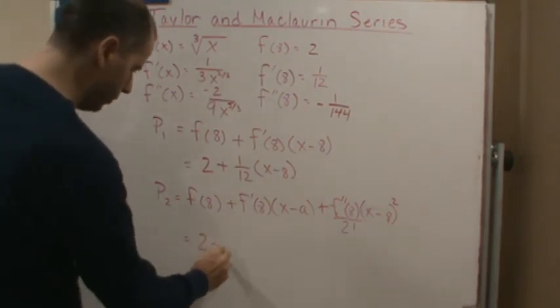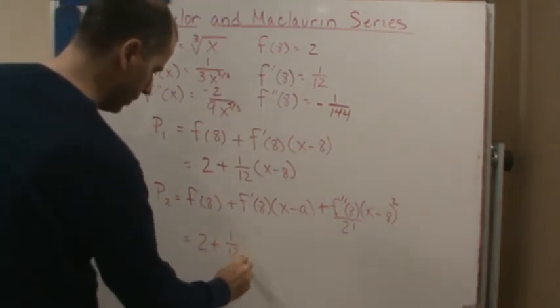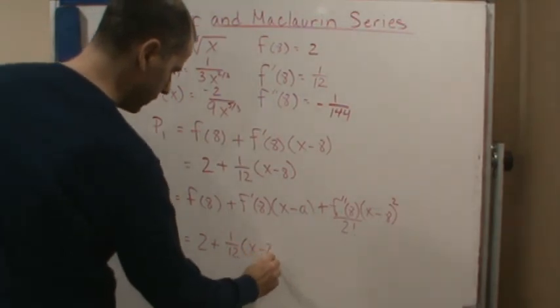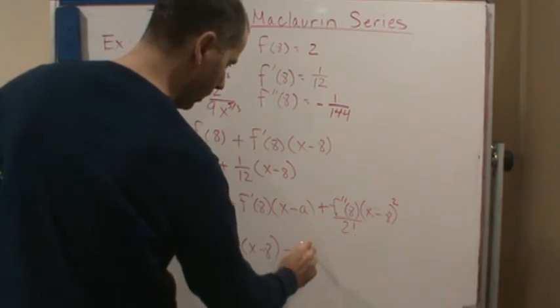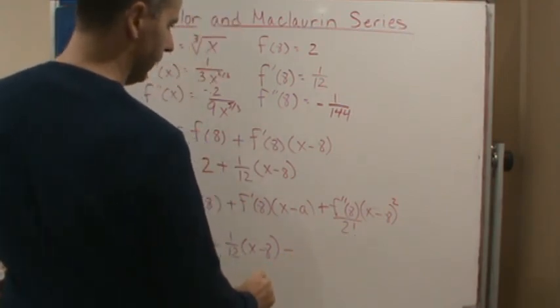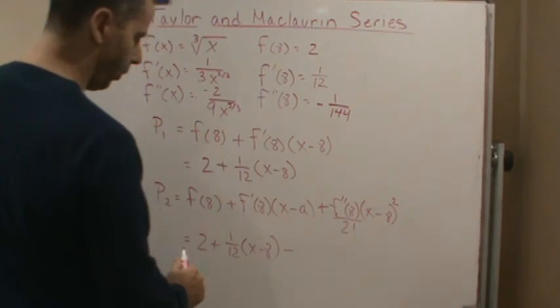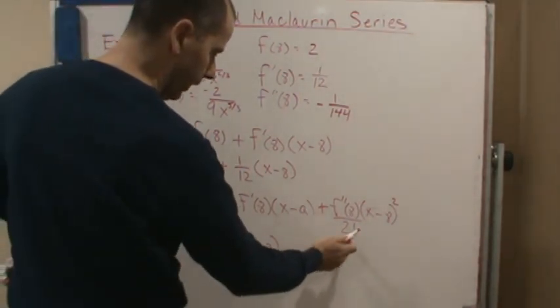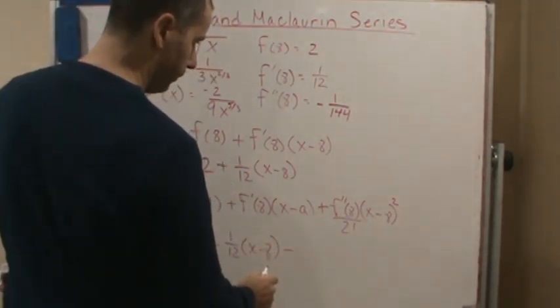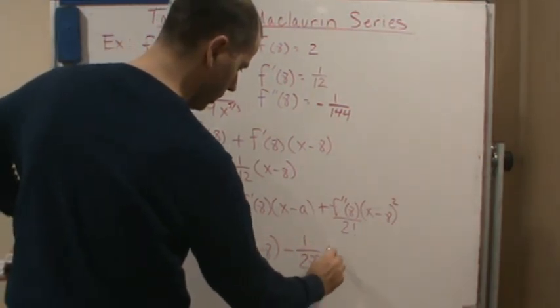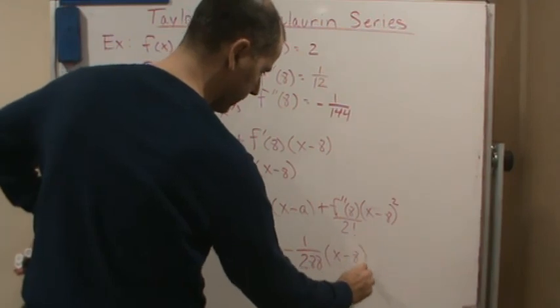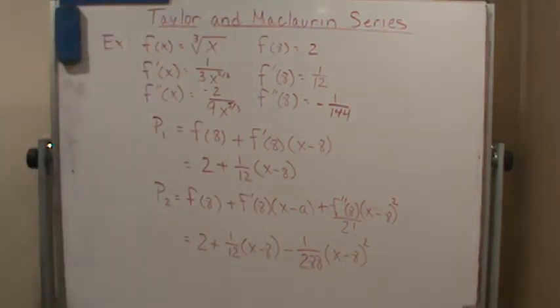This gives us 2 plus 1/12 times x minus 8 minus, in this case it's negative 1 over 288 times x minus 8 squared.